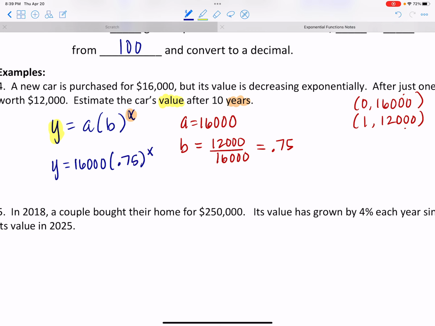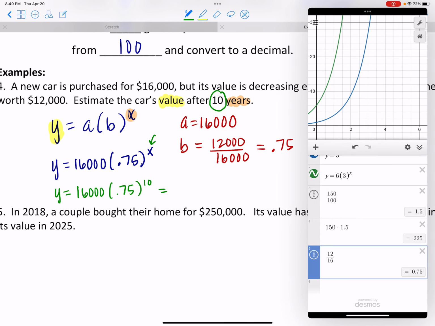If I just said write a function, then we're golden, we're done. But the whole purpose of this was to try to estimate the value after 10 years. Well, that I can easily do now by inputting 10 in for my x. So we're going to say y is equal to 16,000 times 0.75 raised to the 10th power, and then the calculator is going to estimate this value for me.